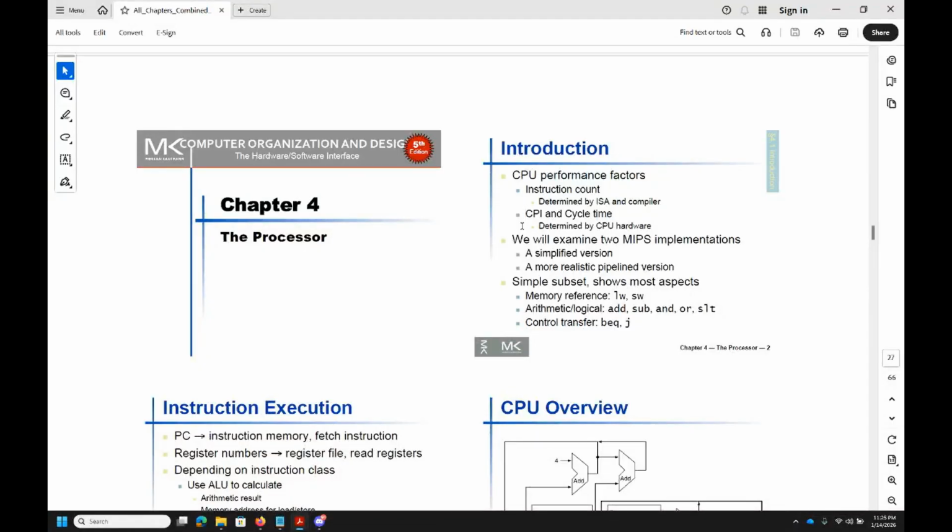The cycles per instruction depend heavily on the architecture itself. x86, for example, is very famous for having some really complicated instructions that do a lot of things in one instruction, but they can be hard to complete.